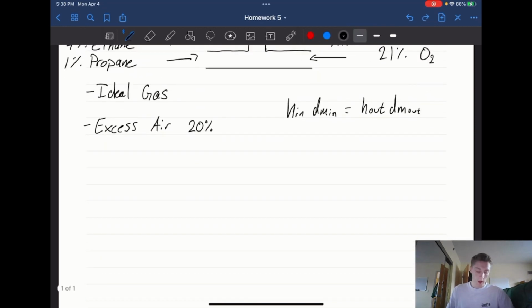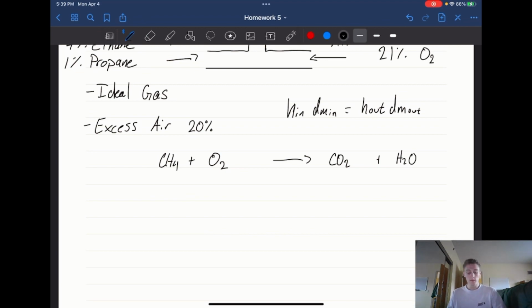So let's set up a reaction for the burning of our fuel. Let's start with our methane. So CH4 plus O2 yields CO2 and water.